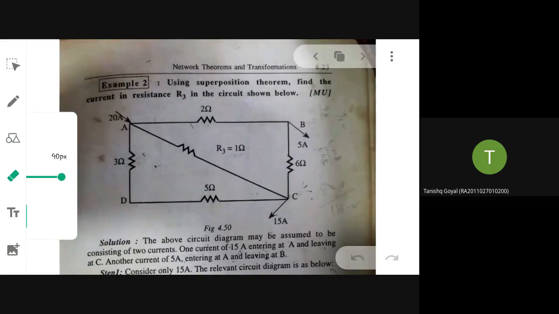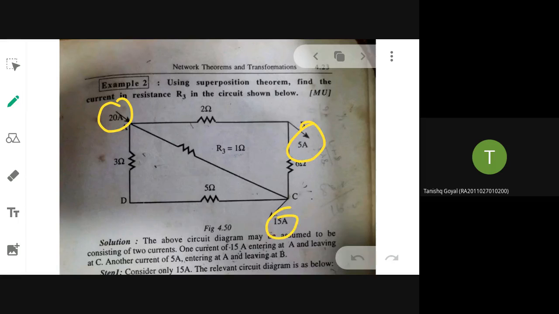If you are observing, there is a 20 ampere current entering, which leaves here as 5 and here as 15 ampere. So if you want to solve the circuit by superposition, you can do it in two cases.